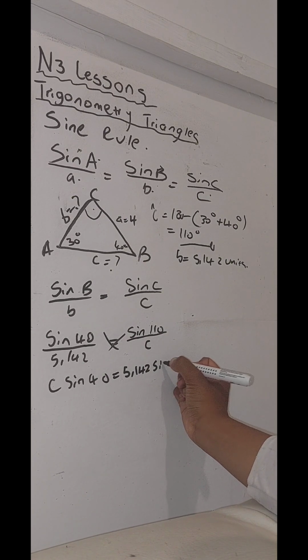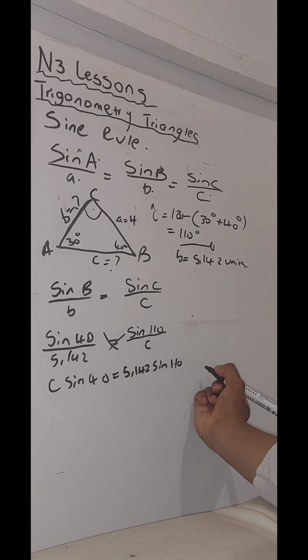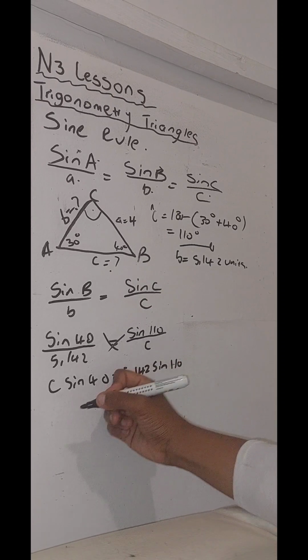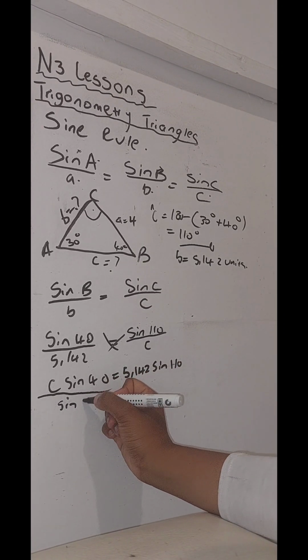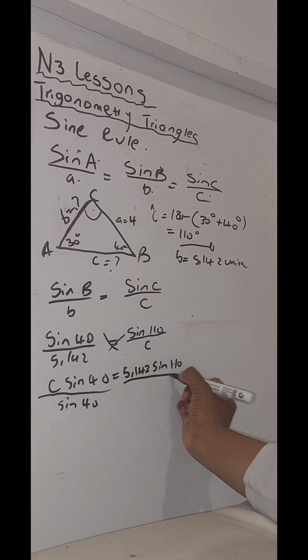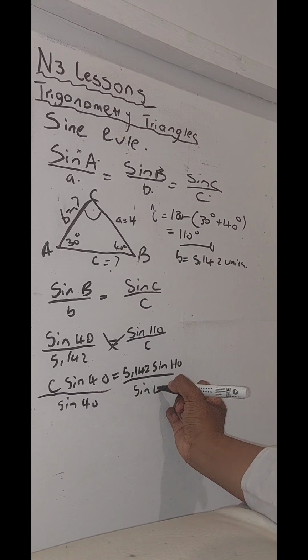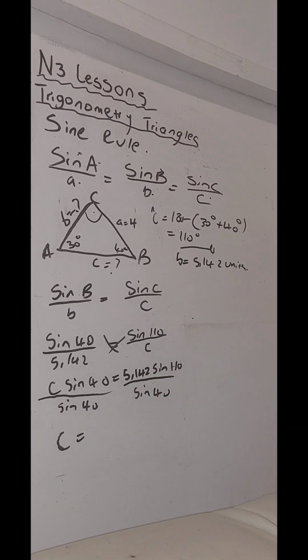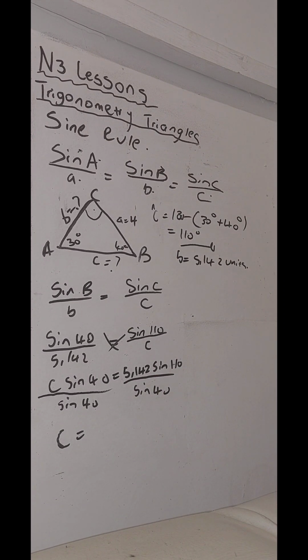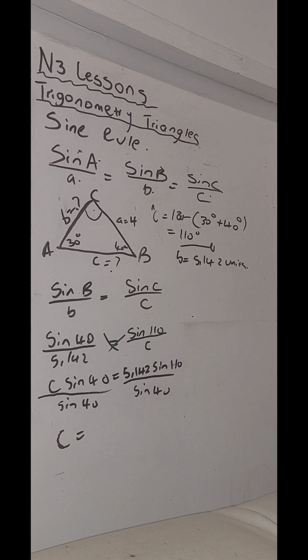5.142 sine 110. And you're going to divide by sine 40 on both sides. On your calculators, what is C, guys? Divide there by sine 40.